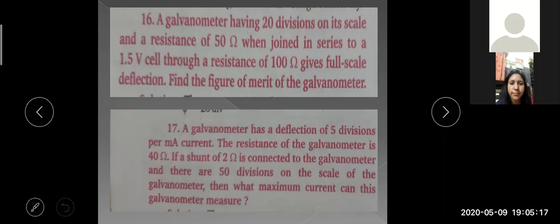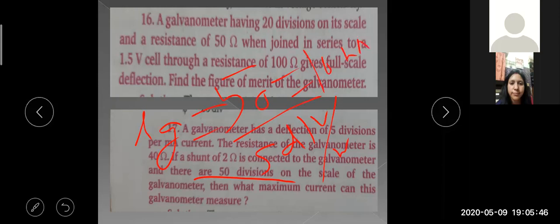For this, find the current required to give a full scale deflection. Here full scale deflection is 50 divisions. You are given 5 divisions per milliampere, so for full scale deflection the current is 50 divisions upon 5 divisions per milliampere, which will be 10 milliampere.